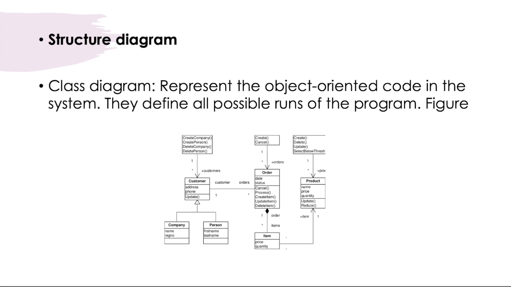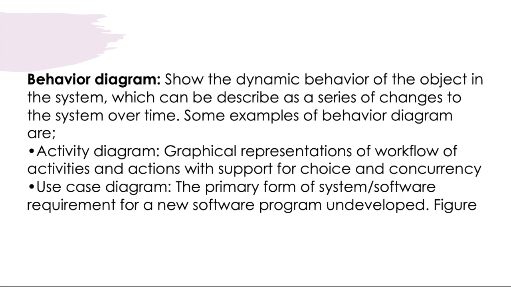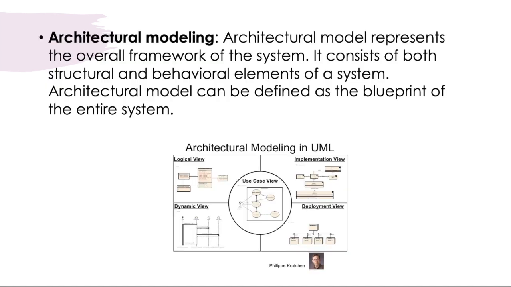It shows the static structure of the system, for example, the class diagram. Behavioral diagram shows the dynamic behavior of objects in the system, for example, the activity diagram and use case diagram. Architectural modeling: the architectural model represents the overall framework of the system.